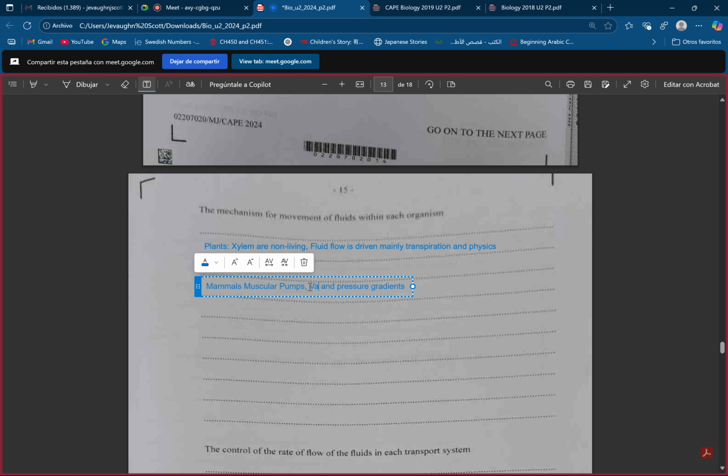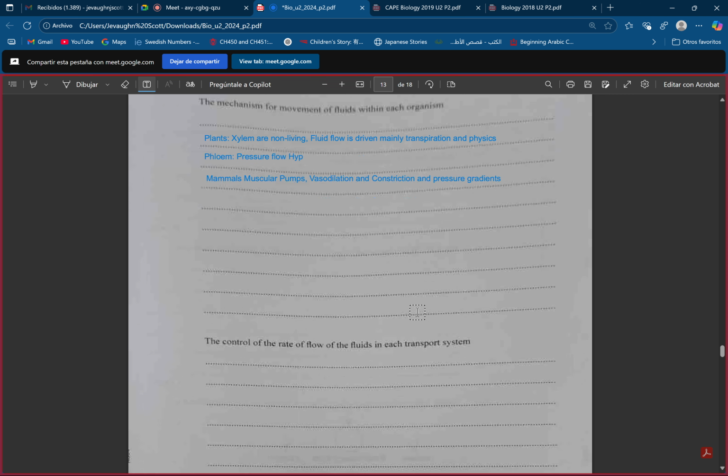We also have vasodilation and constriction. That helps with movement in veins versus the arteries, which we should know. So we just need to note the differences there.